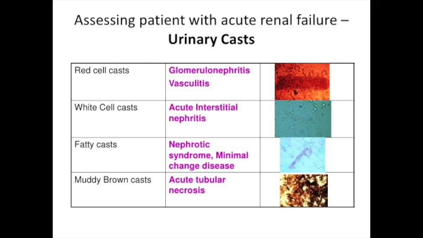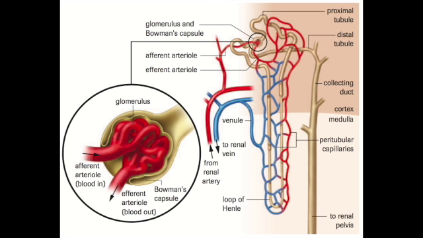Okay, so labs for pre-renal versus ATN. For pre-renal, the creatinine is going to increase slower than 0.3 milligrams per deciliter per day. In ATN, the creatinine increases faster. Fractional excretion of sodium and urinary sodium excretion in pre-renal is going to be low: urinary sodium excretion under 20 and an FeNa under 1%.